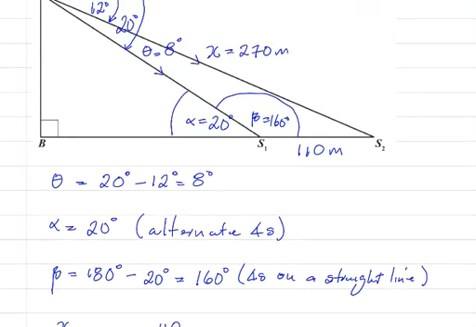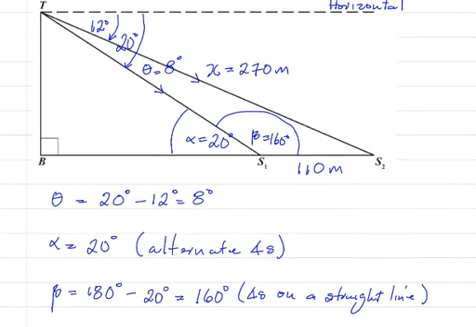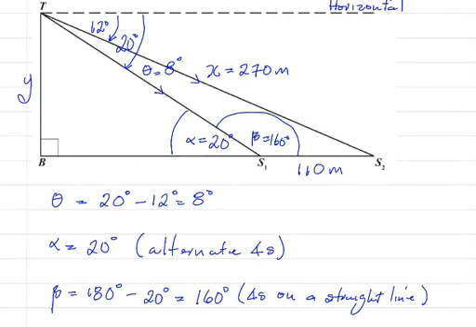The next thing they want us to do is determine the height of the lighthouse. So let's call the height of the lighthouse y. In order to find that, I'm going to use triangle TBS2. The first thing I'm going to do is identify the size of this angle here. Let's call it gamma. Now gamma is equal to 12 degrees.